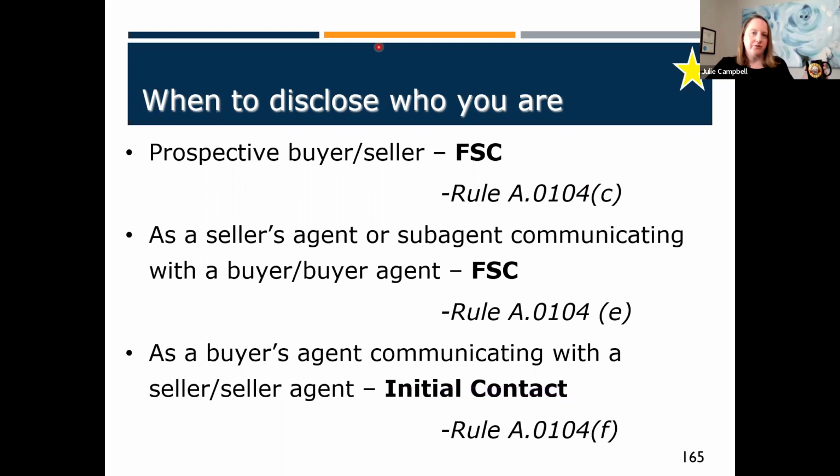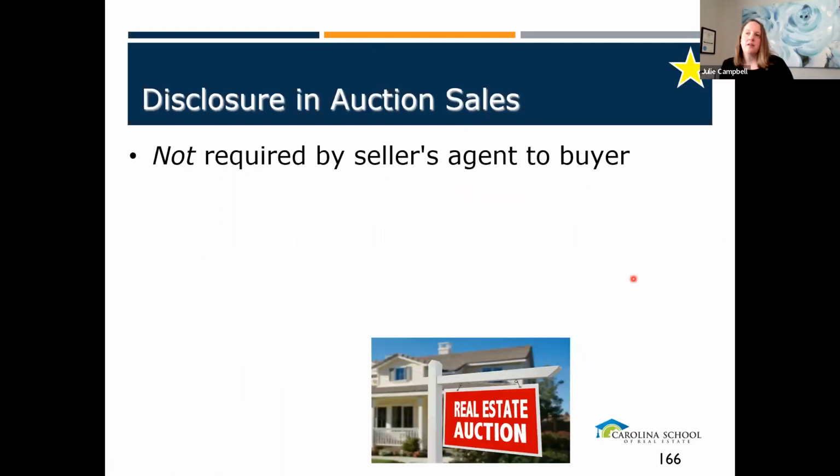Another thing about disclosures, and I need everybody to listen to me. There is an exception to this rule. And the exception is in the event of an auction sales. And this is what I need you guys to hear. I want you all to pretend like auction sales don't exist unless you are specifically asked about auction sales.